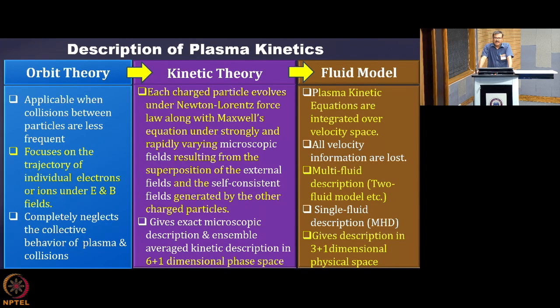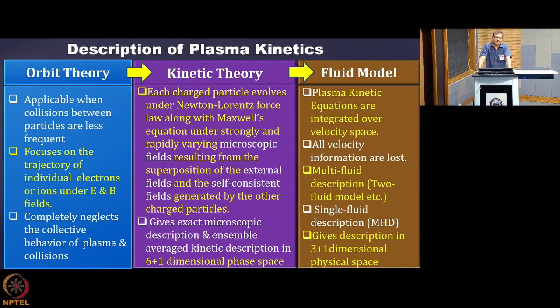So, plasma kinetics can be handled in three different ways. One is orbit theory, the other is kinetic theory, and then the fluid model. Each of these theories has some region of applicability.